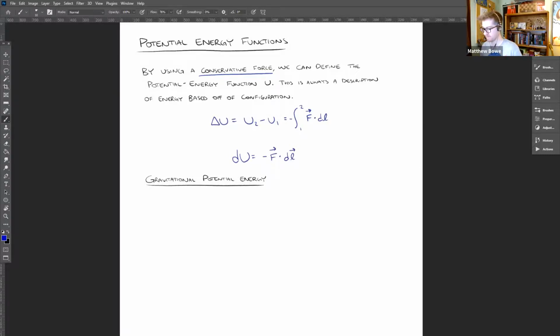So we have gravitational potential energy. It's experiencing a force due to gravity. This force due to gravity does change as this object might get closer or farther away from the object.